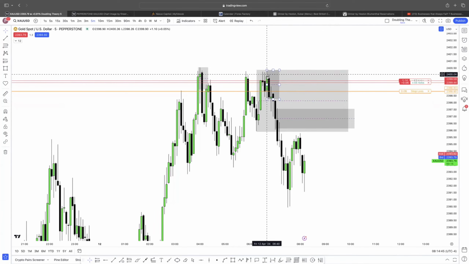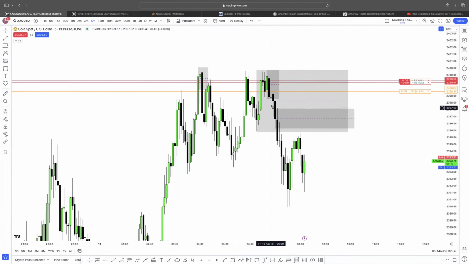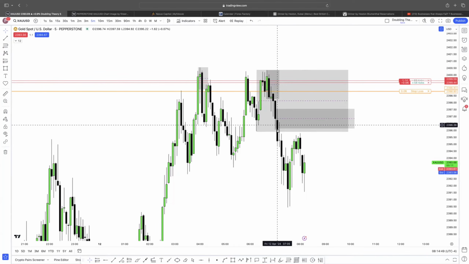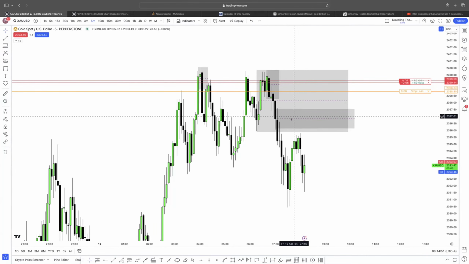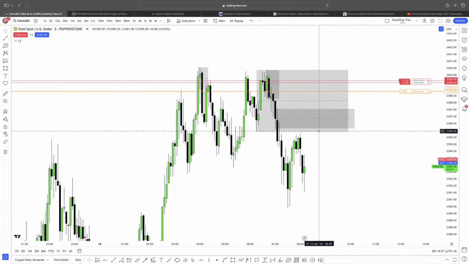Okay, we broke down, mitigated the 50, and then we're breaking down again, looking for the 25%, which is around here. But price is reacting even before that. So now it's a matter of fractality.